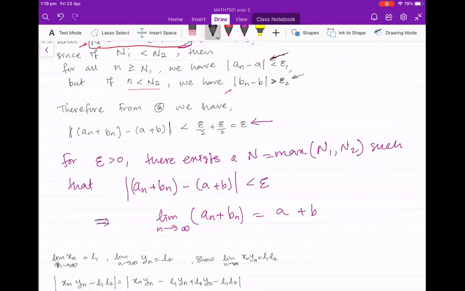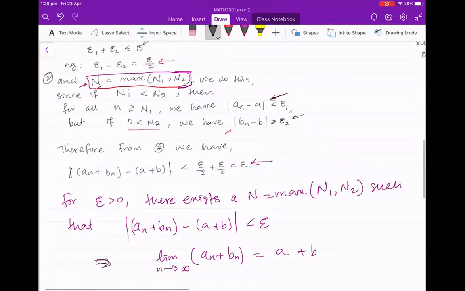This means, by the definition of limit, that the limit of the sum of the two sequences is equal to the sum of the limits. All right. So in your assignment question, I think you got products. So you can use a similar idea.